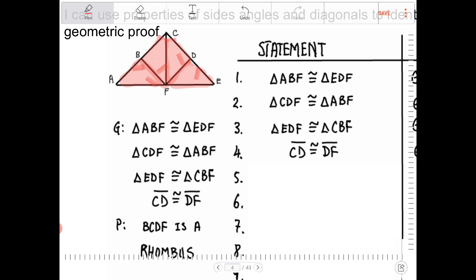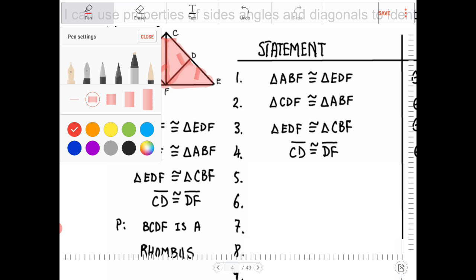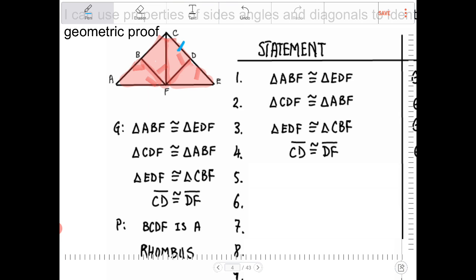Our goal is to determine that BCDF is a rhombus, and you're told that CD is congruent to DF. Here I'm going to use the color blue to indicate this: CD is congruent to DF. We need to show that it's a rhombus.